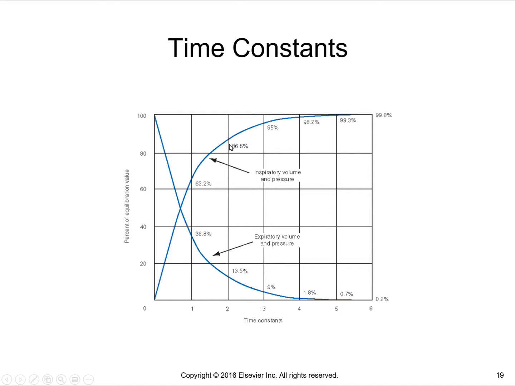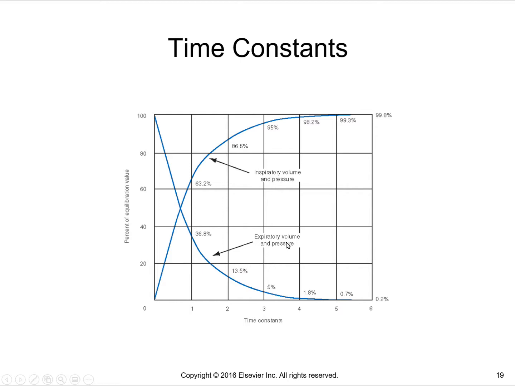Two time constants will be 86%, three will be 95%, and so on for four, five, and six. For the expiratory volume, as you're blowing out, after the first time constant 36.8% is left, then 13.55%, and after six time constants you have 0.02% of the volume left.